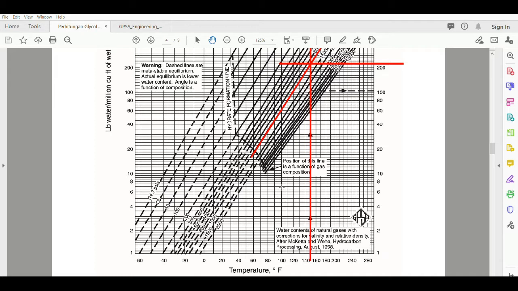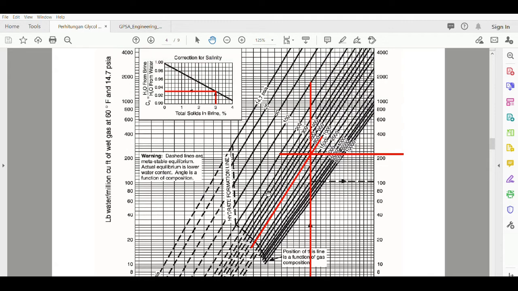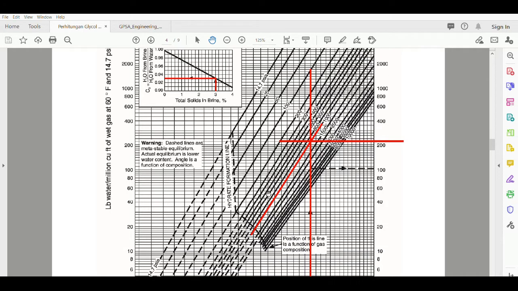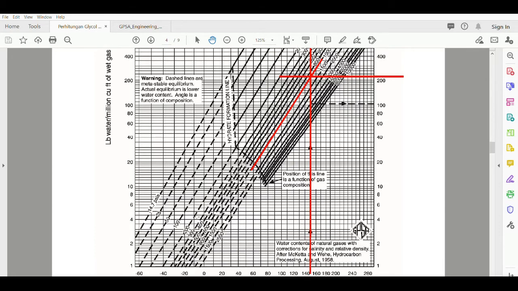Usually it's around 80 or something. Even in water, it's not down to that number. So that's why hydrate formation is not important in Indonesia.